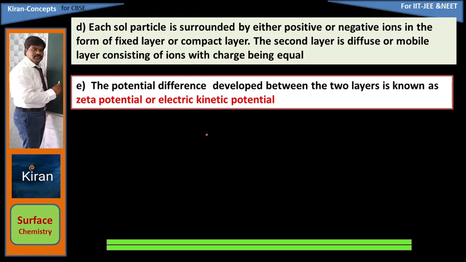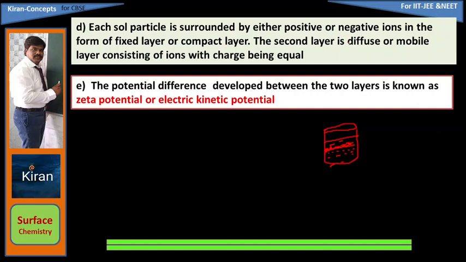Important point, zeta potential. For example, we are going to prepare a colloidal solution of oil in water: water is one layer and oil is another layer, so two layers. As I said in the first point, each sol particle is surrounded by either positive or negative ions in the form of a fixed layer or compact layer.